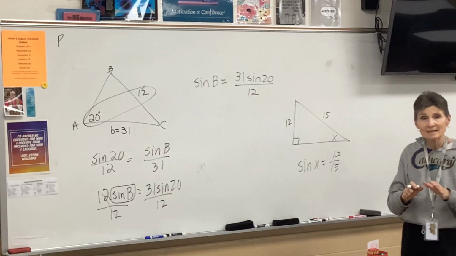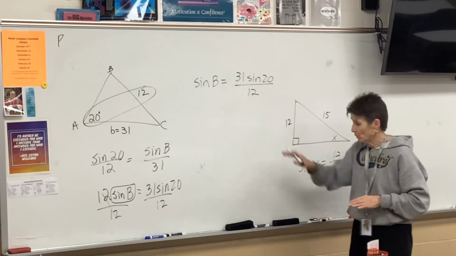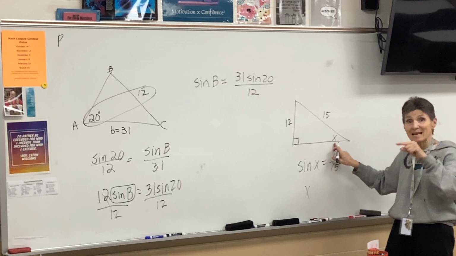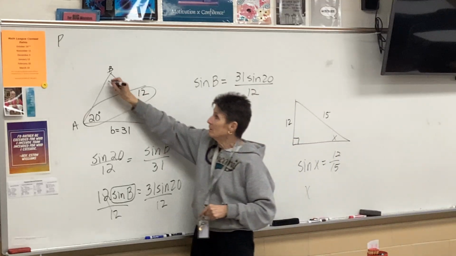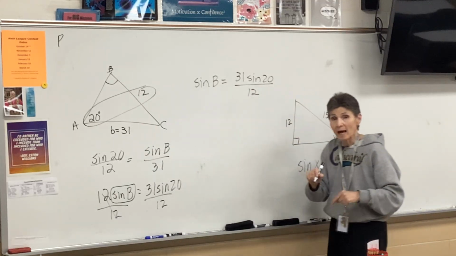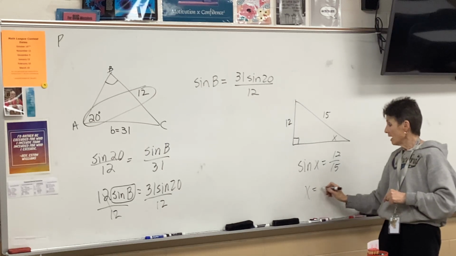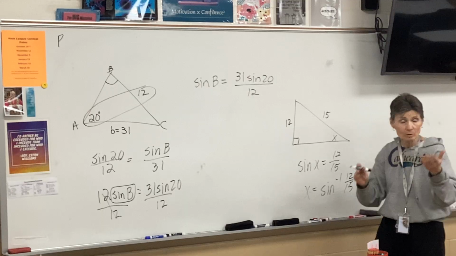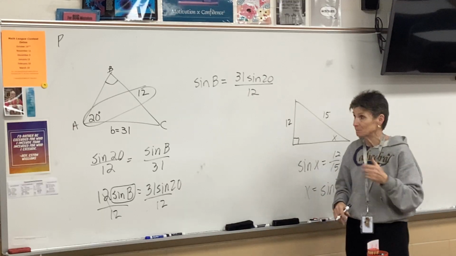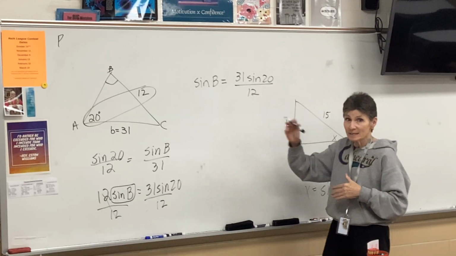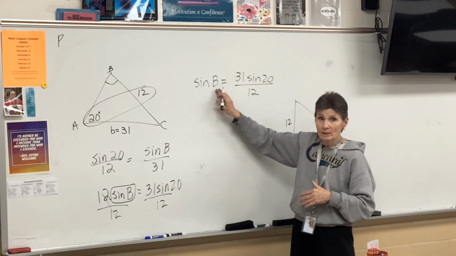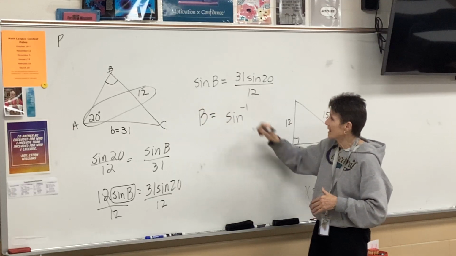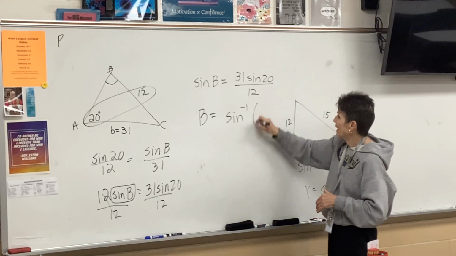Don't do anything like that. What did I do down here? When my job was to find an angle, I inverse sine or cosine or tangent, whatever it is. So here's the deal. I'm looking for an angle, so I need to inverse sine that fraction.